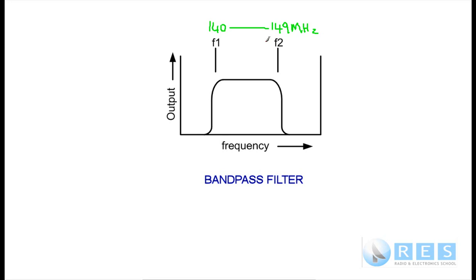The crystal filters, remember after we do mixing? After we do mixing we get lots of a mess, and we only want some of the mixing products, so we install a bandpass filter to pass the mixing products we want and to stop all the mixing products that we don't want.